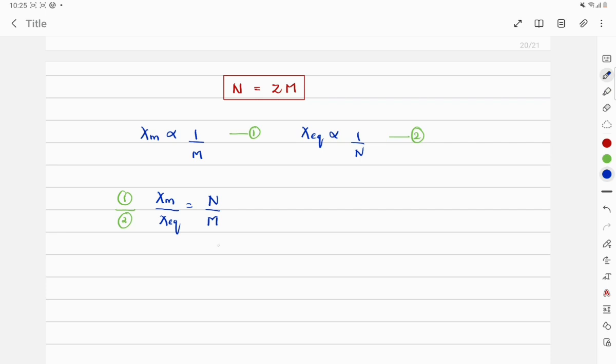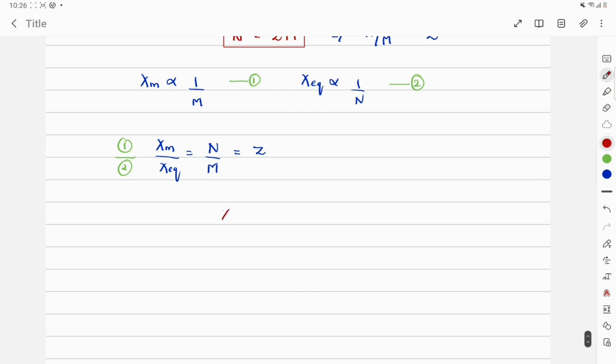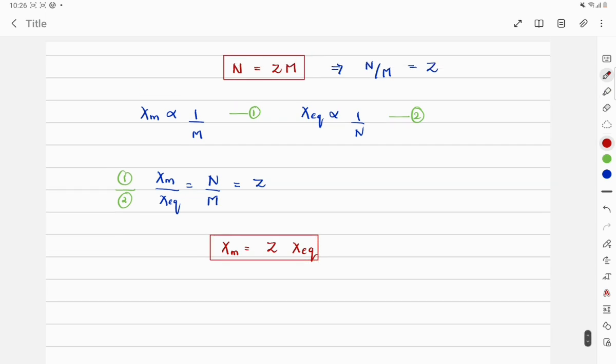So lambda M by lambda EQ can be written as N by M. But what is N by M from this equation? N by M will give you valence factor Z, which means lambda M by lambda EQ will give you Z. Or I can write lambda M is equal to Z times lambda EQ. Earlier I wrote N was equal to Z times molarity. So here I am writing lambda M is equal to Z times lambda equivalent. These both equations you have to remember.